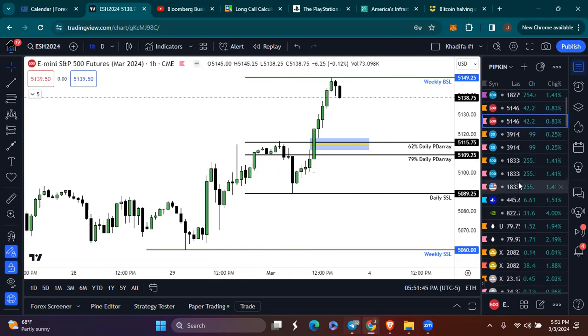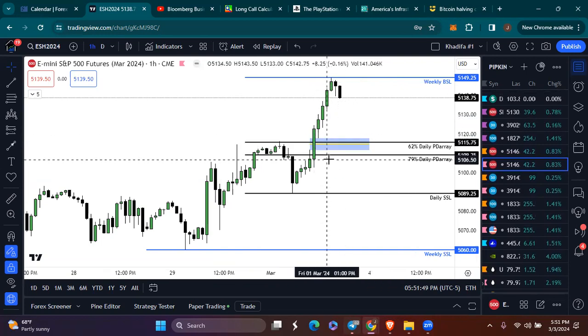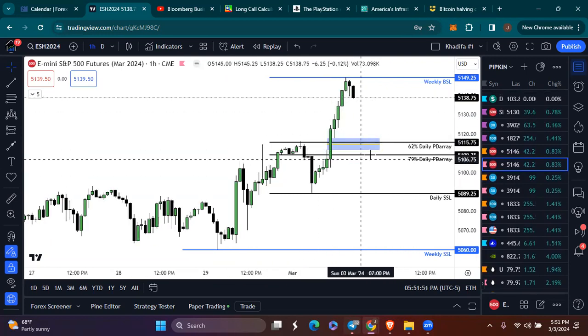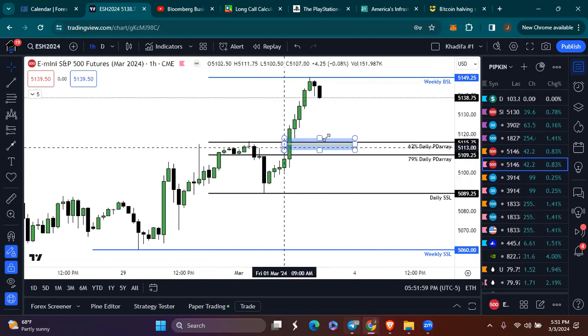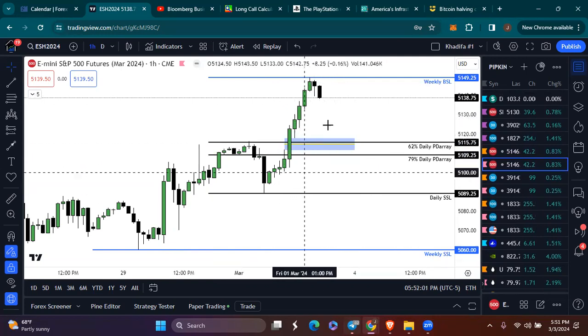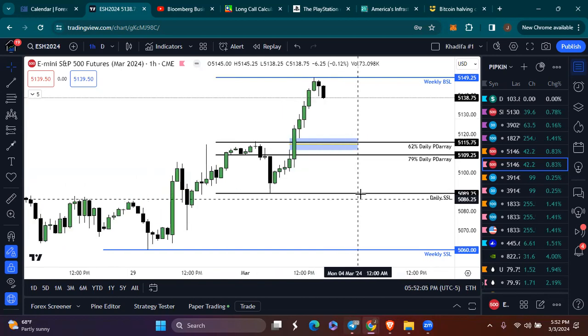Cool beans. But we are predicting what price is going to do, and we are anticipating what price is going to do, right? And then it's up to us to make a decisive decision when price gets to those levels, right?